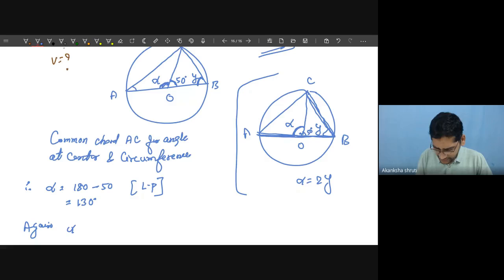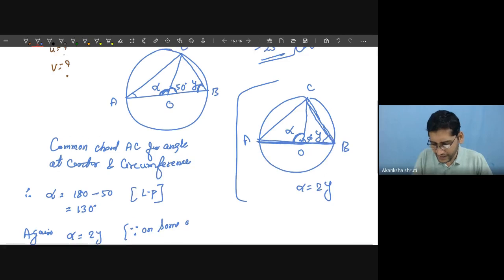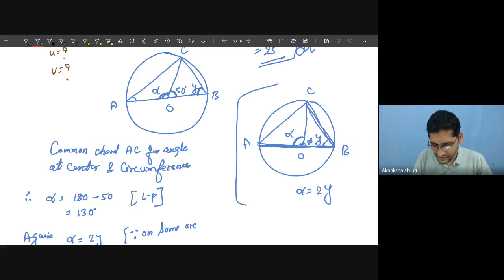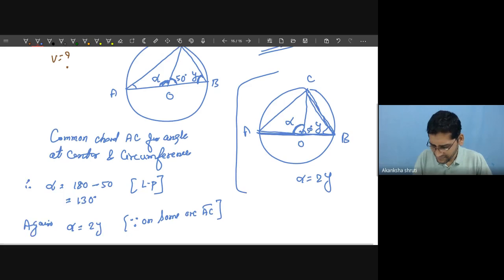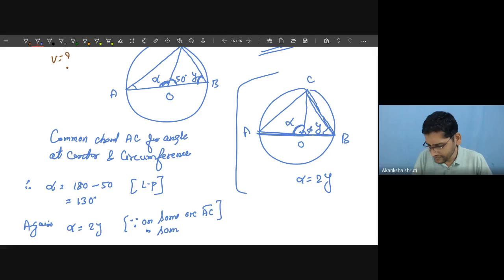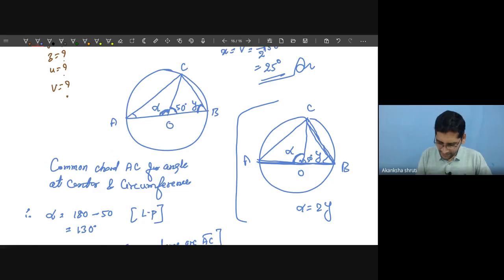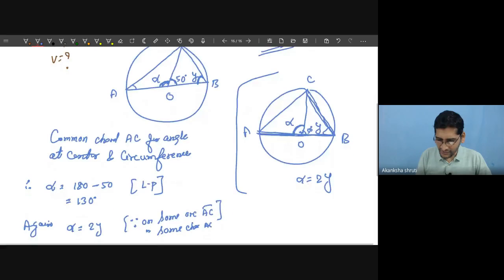So alpha is equal to twice of Y, since it is formed on the same chord or arc AC. Sometimes we also write chord AC. So therefore we can apply alpha is twice of Y.